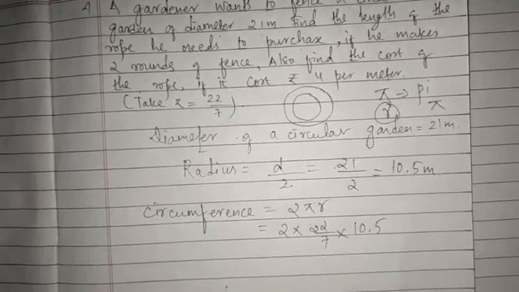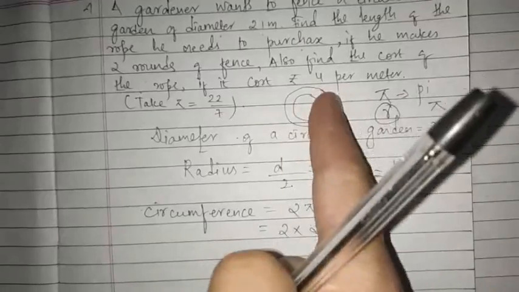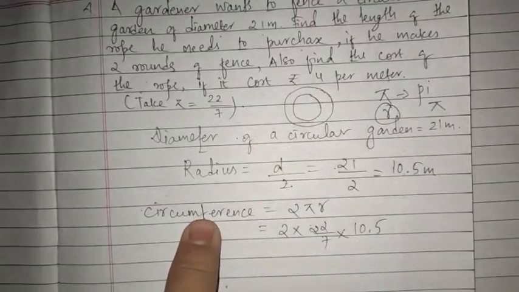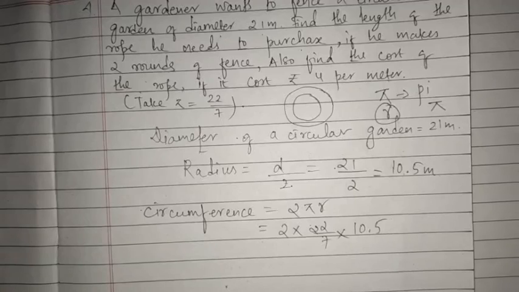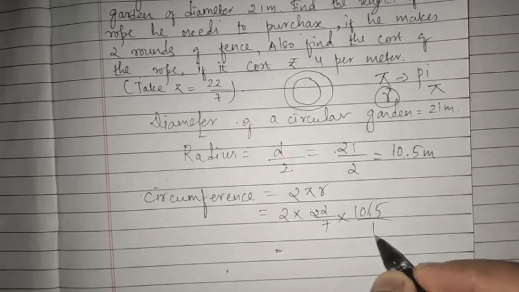Here the question is to find the length of the rope he needs to purchase to make a boundary. For making a boundary, that means you have to find the circumference. So calculate. Let us make this 10.